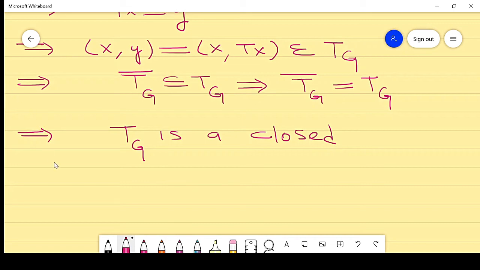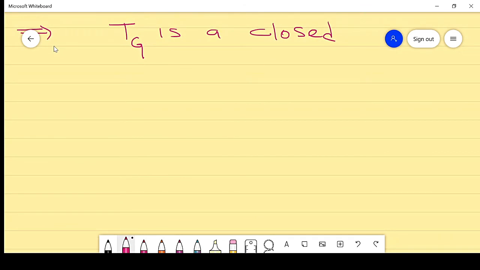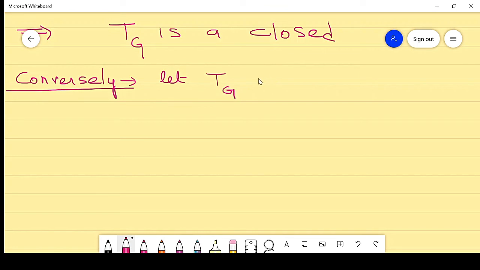Now the converse of this theorem. We did only the first part, so now we are going to start the converse of this result. In the converse part, what is given? Given: let TG, which is contained in B cross B dash, be a closed subspace.